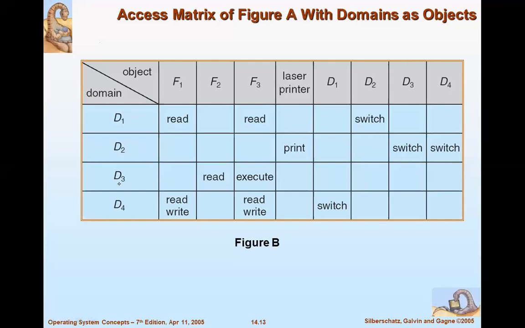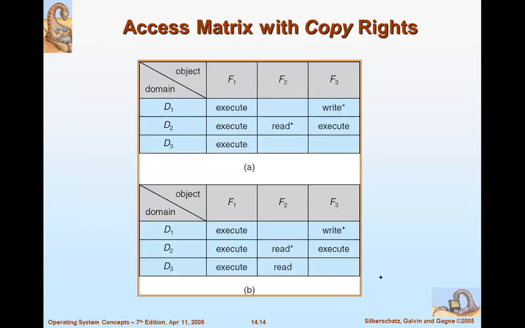But in domain 3, there is no switching. You can switch from domain 2 to domain 3, but you can't switch from domain 3 to domain 2. But over here in D4, you can switch to D1, and you can access all those objects which are available in domain D1.